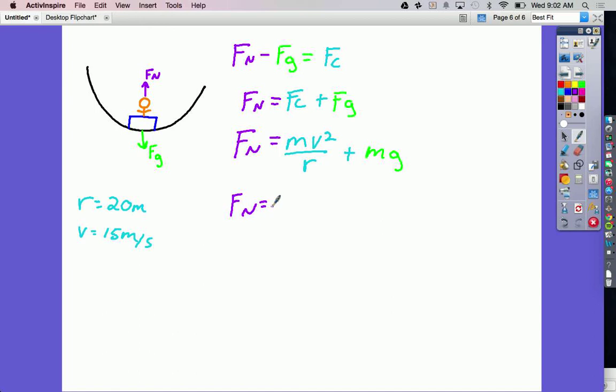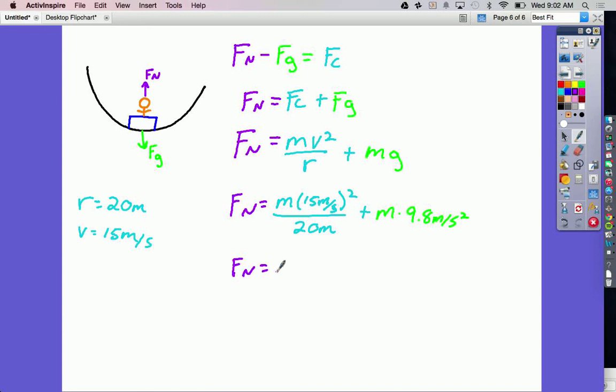So if I plug in some numbers, I have v squared over r. So that would be 15 meters per second squared over 20 meters, plus the mass times 9.8 meters per second squared.